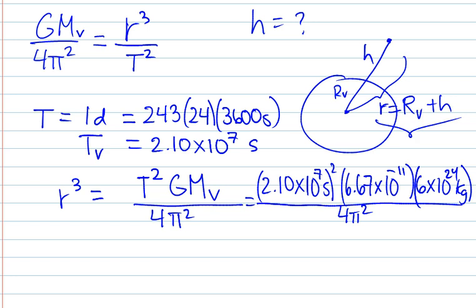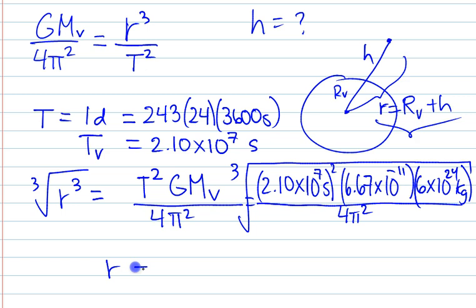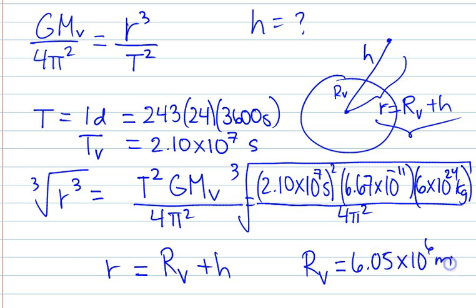So then when you do this and you take the cube root, if you raise that to the 1/3 power, what you'll get is that the radius is actually equal to the radius of Venus plus the height. The radius of Venus is about 6.05 times 10 to the 6th meters.